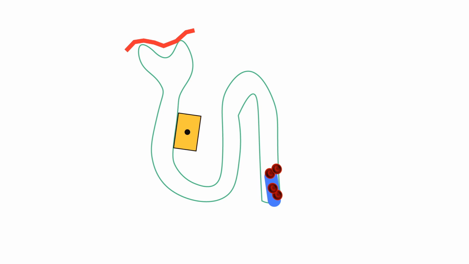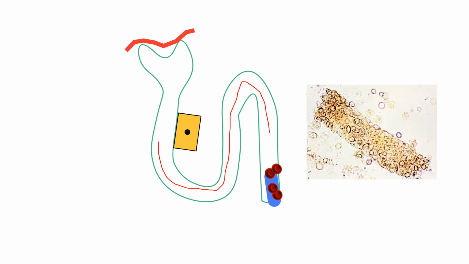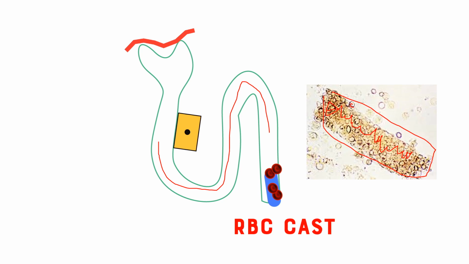All these RBCs stick to the Tamm-Horsfall protein because they are traversing through all these tight places within the tubule. When you see them, they look something like this, wherein this is the Tamm-Horsfall protein and they all start binding to it. As you see, there are hundreds of RBCs stuck to this Tamm-Horsfall protein, and this is called an RBC cast.